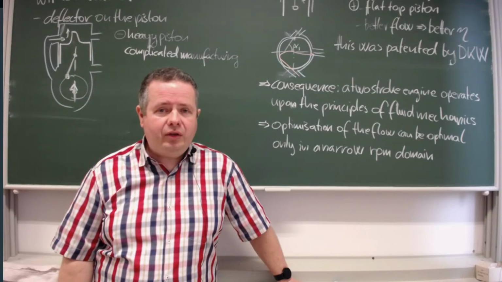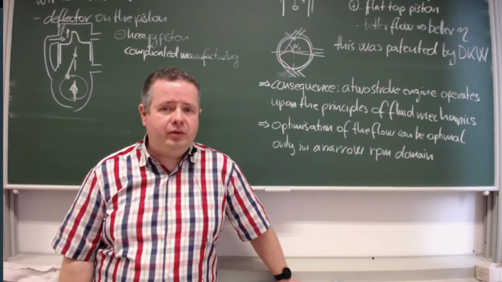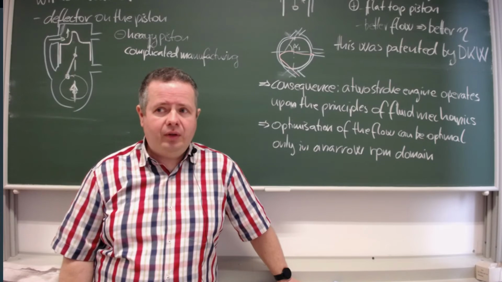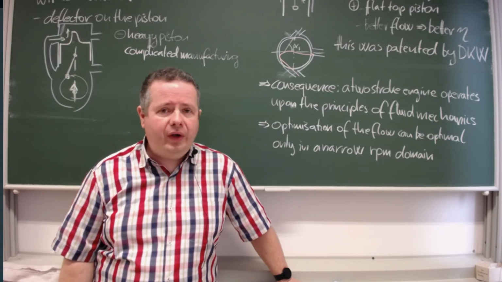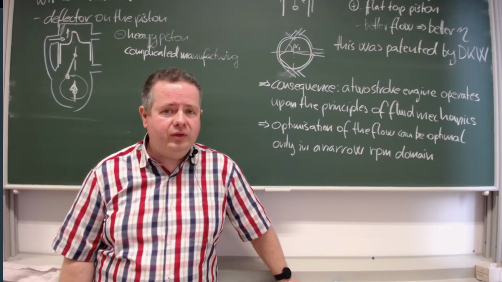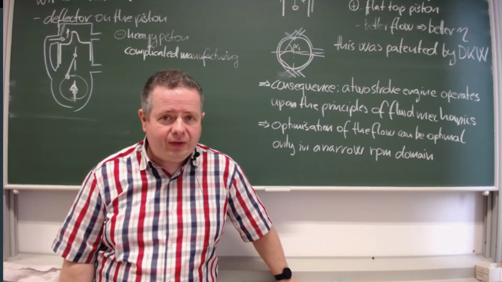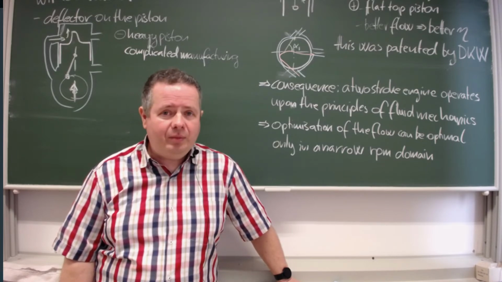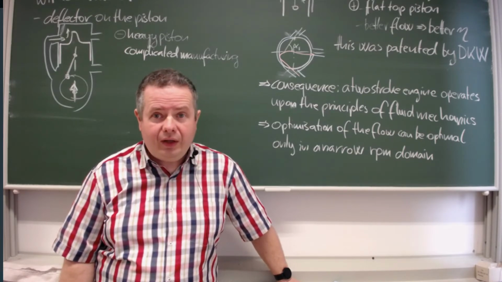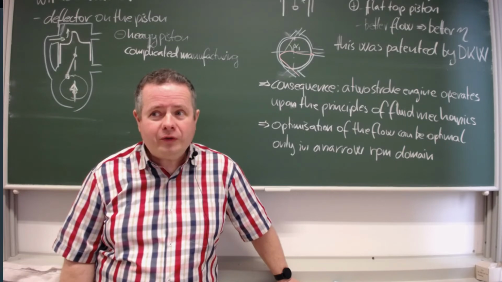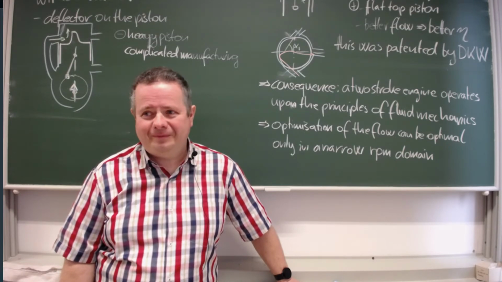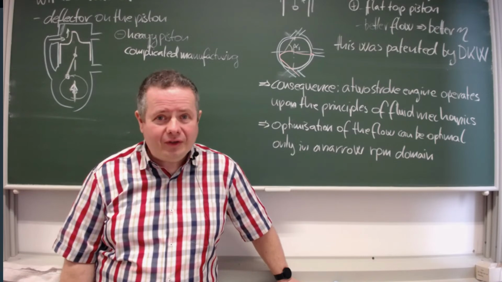So you may get huge power out of your two-stroke engine, but the huger the power, the narrower the useful RPM domain. And anywhere else outside the optimal RPM domain, you will have huge consumption of fuel and huge losses.